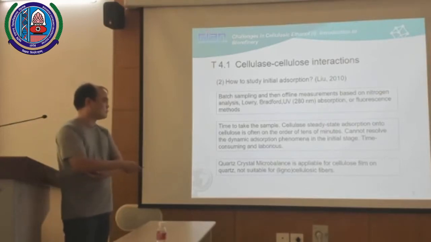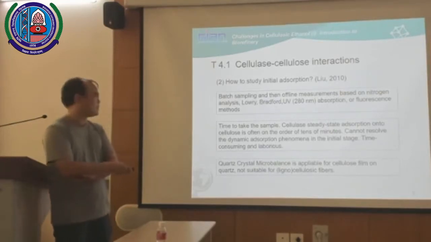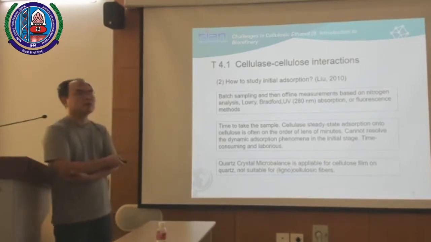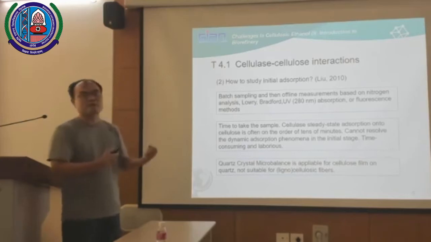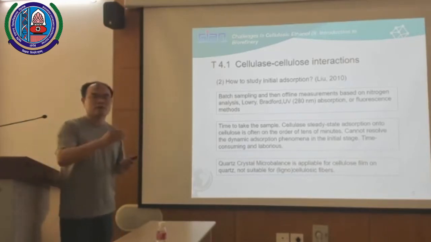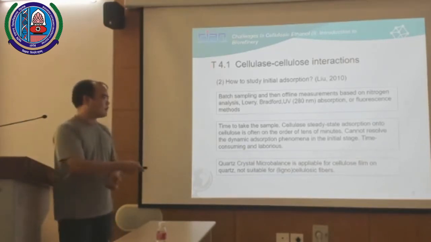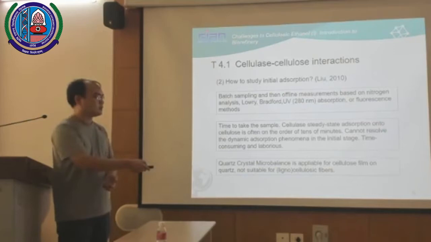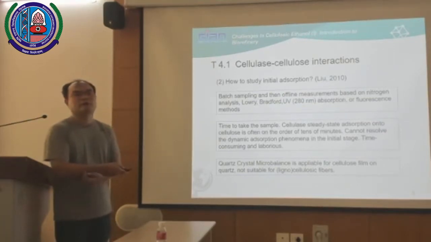This depends on the microbalance. It is a quartz crystal microbalance. This microbalance is very sensitive to the change of a membrane, of the cellulose film. On the cellulose film, if cellulase deposits on the surface, it can record the change of the weight.